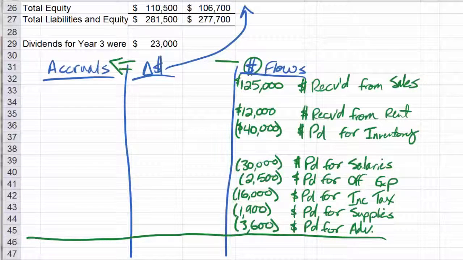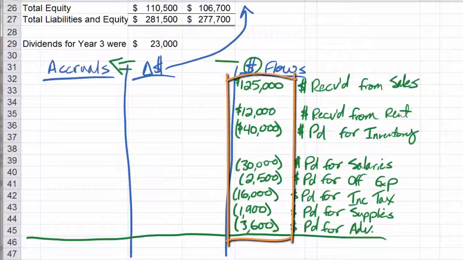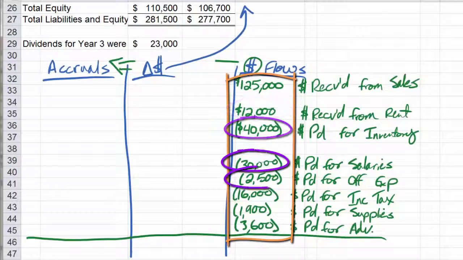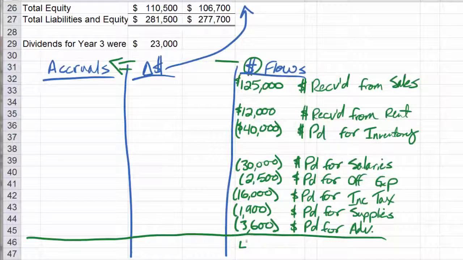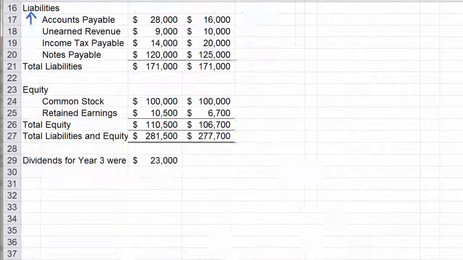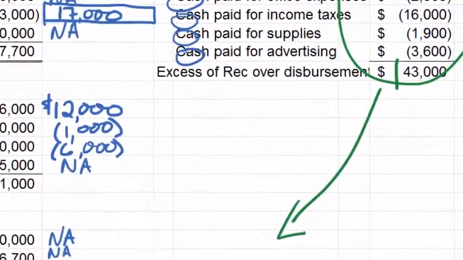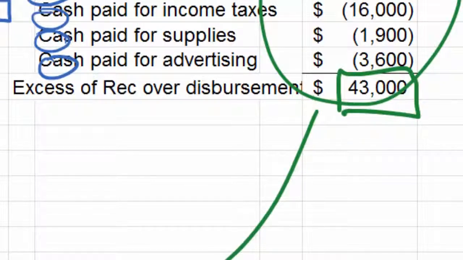And just like last time, I always take a second and I make sure that these add up. I don't want any mistakes because I've just missed a line item. So let's go through these quickly. 125, 12, 40, 30, 2500, 16, 36. Looks like a positive 43,000. And sure enough, that 43,000 matches up with this number right here.